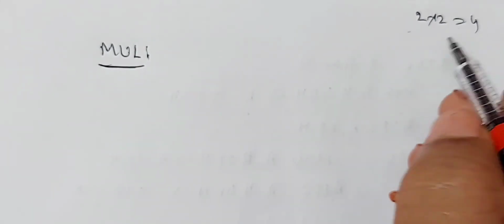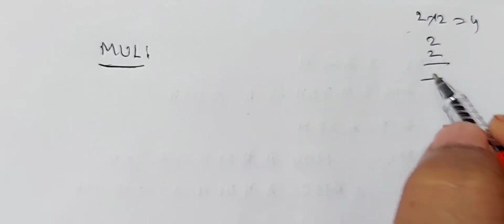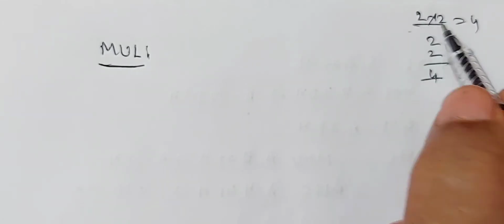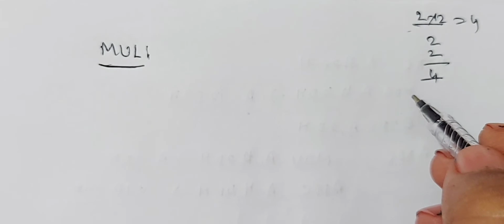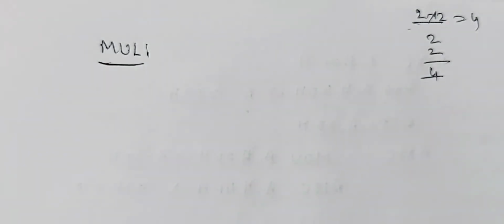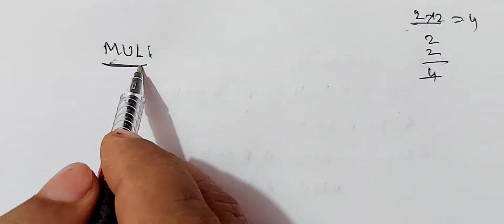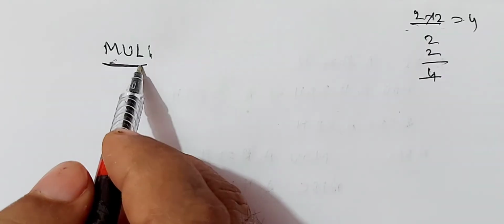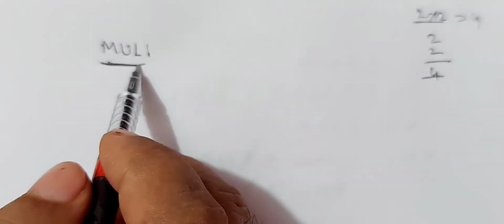How do you get 4? 2 plus 2 is equal to 4. Instead of multiplying, it adds 2 plus 2 equals 4. In this way, multiplication does the number of successive additions, and the result is the multiplication of those two numbers. So, MUL is the operational code used to multiply two data.